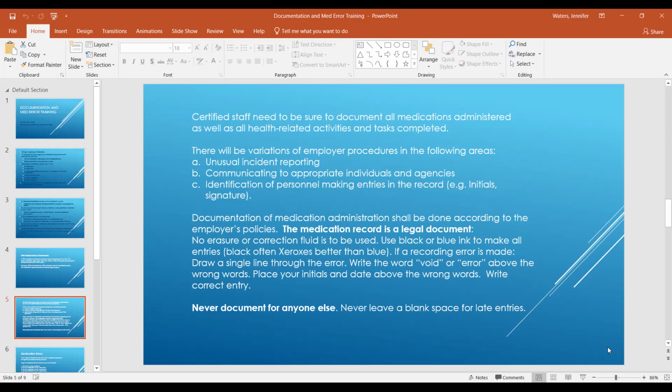If you cannot verify that the medication was given, or you find the pack still in the closet or drawer that was supposed to be given, that is a medication error, and you need to document that right away. And again, your agency will have a policy that you should follow for reporting.